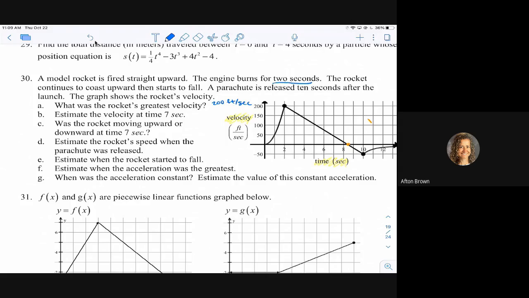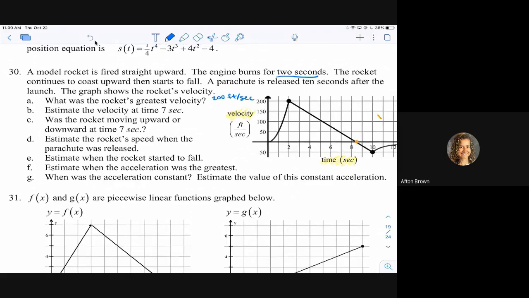The y-axis is velocity, right? So the speed is positive 50. The velocity is negative 50 but the speed is positive. And I should say feet per second. Okay, so let's compare answers.